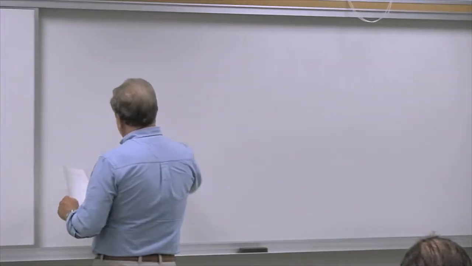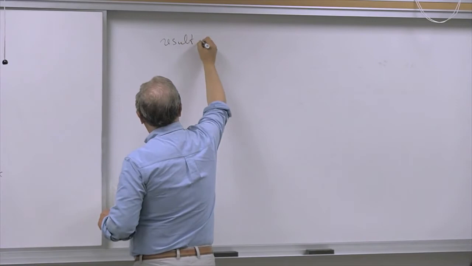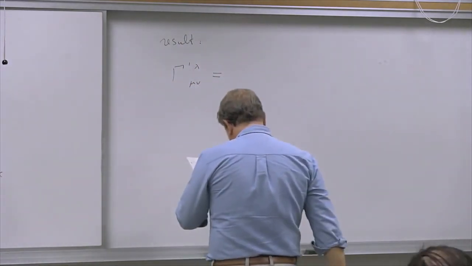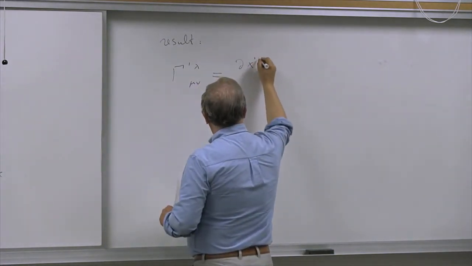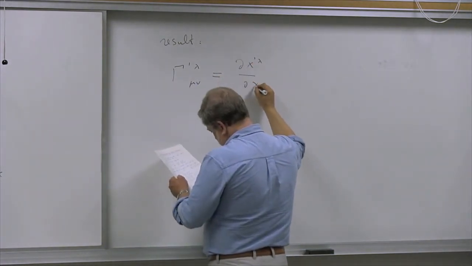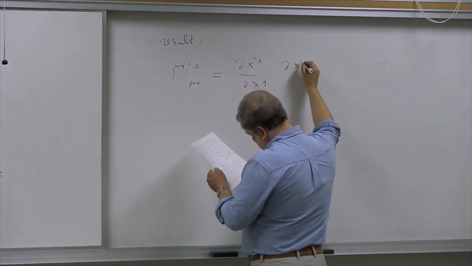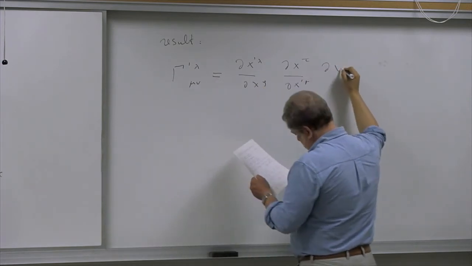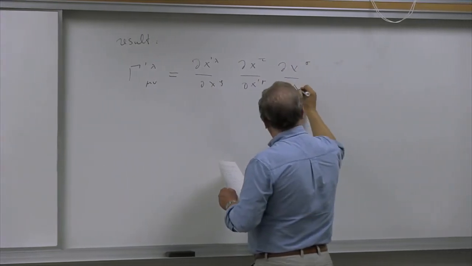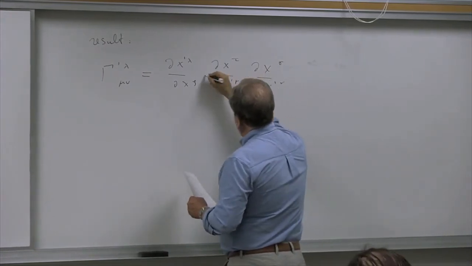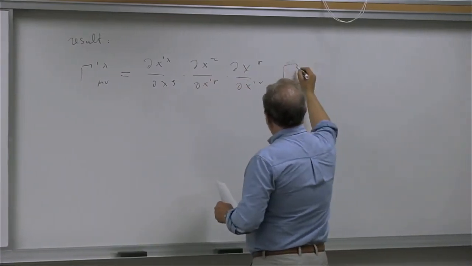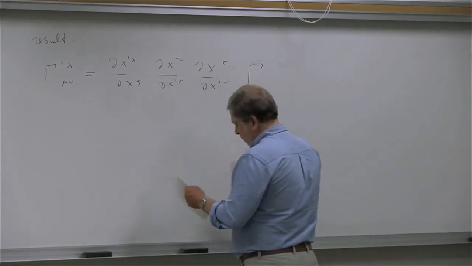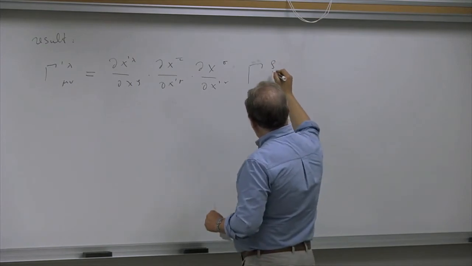And so the result is that Gamma'^lambda_{mu nu} is equal to dx'^lambda by dx^rho, and then dx^tau by dx'^mu, and dx^sigma by dx'^nu, times Gamma with the indices that are not summed over, which are the rho, the tau, and the sigma.